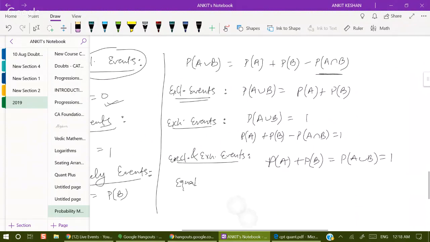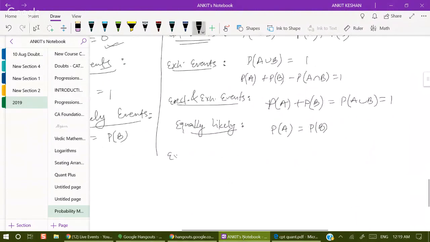Then equally likely: PA is equal to PB. That means if events are exclusive, exhaustive, and equally likely all together, then PA plus PB is equal to 1, and both these are equal.